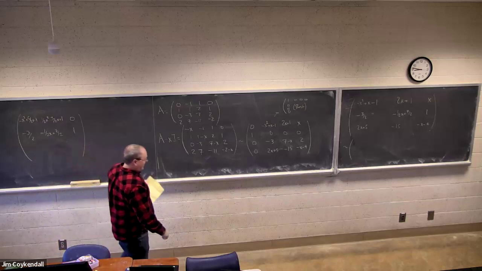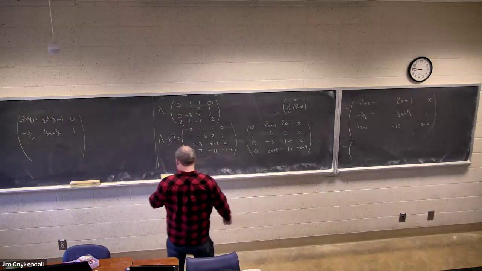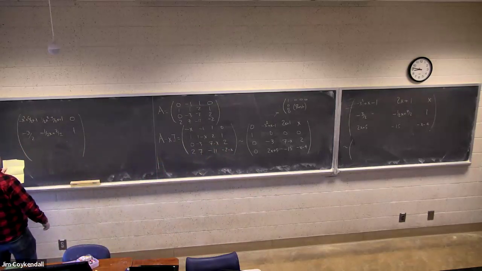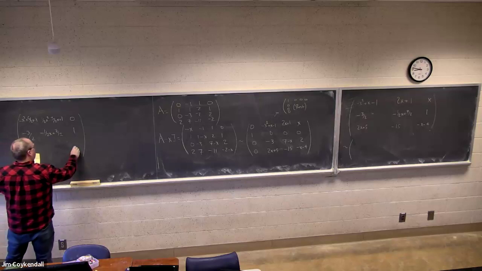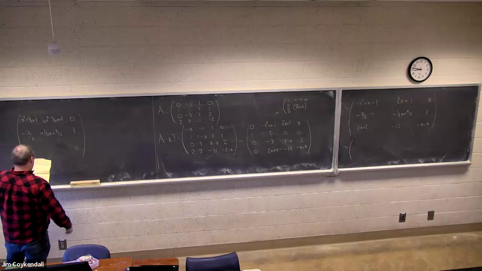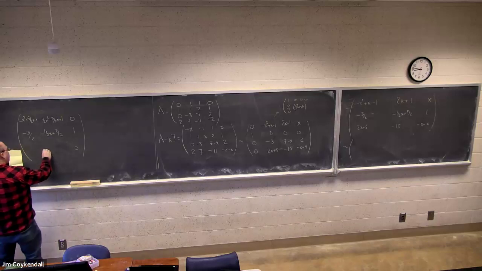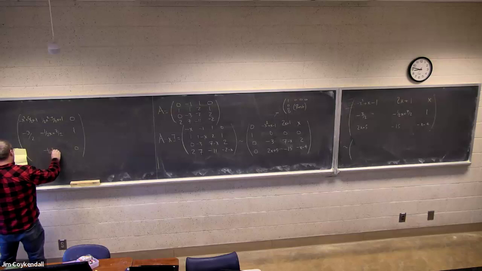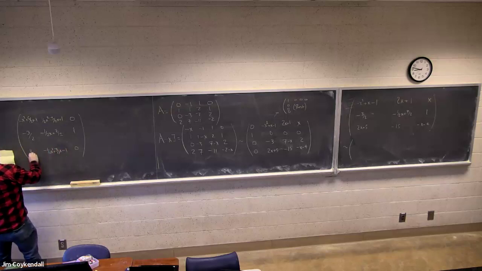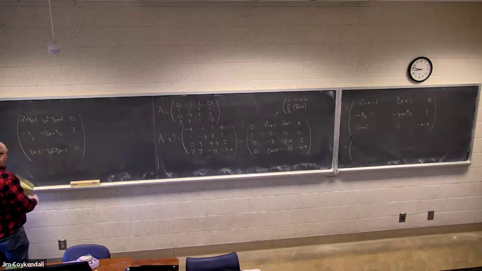And when I multiply by x plus 4 and add, I am going to get 0, and I get minus 1/2 x squared plus 3/2 x minus 1 and 1/2 x minus 1.